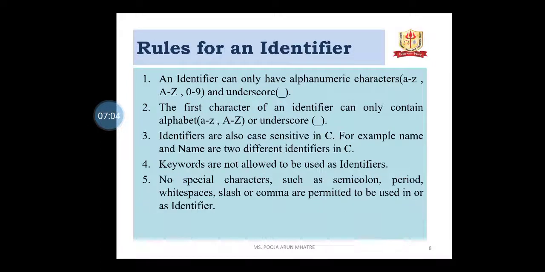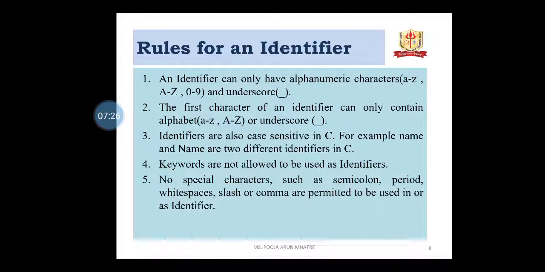The rules of identifiers are: an identifier can only have alphanumeric characters, that is small a to z, capital A to Z, 0 to 9 and underscore. The first character of an identifier can only be an alphabet, that is small a to z, capital A to Z, or underscore.